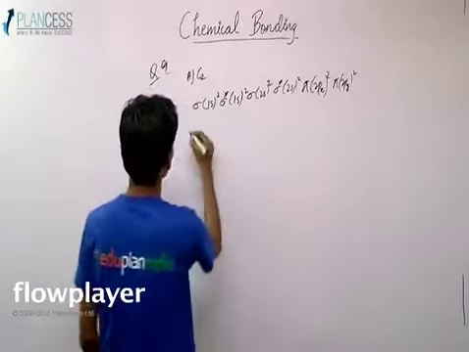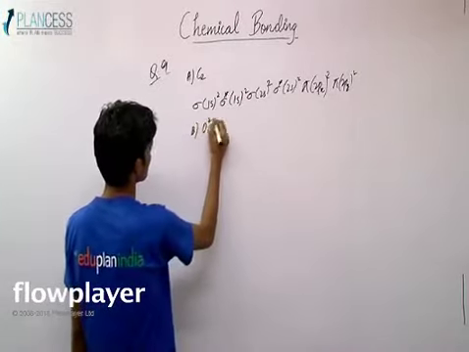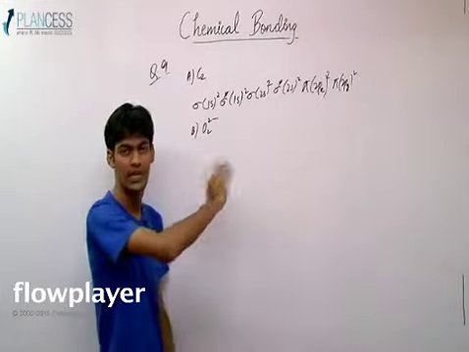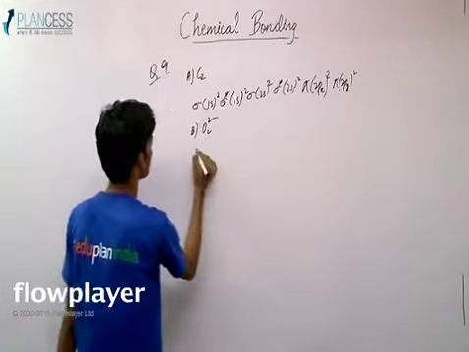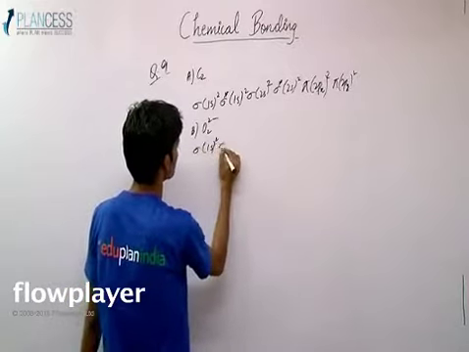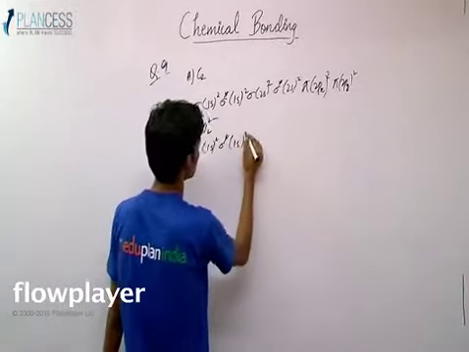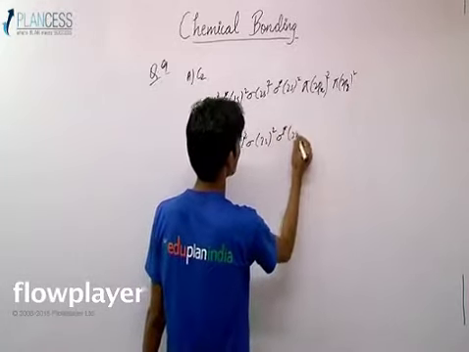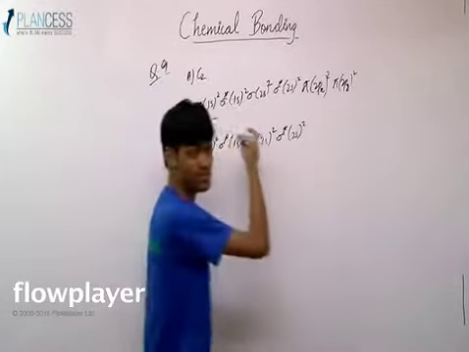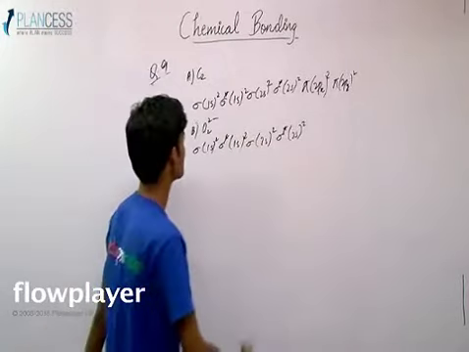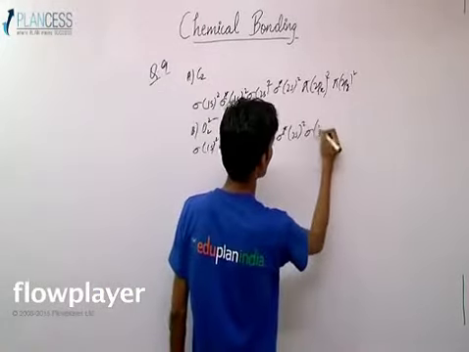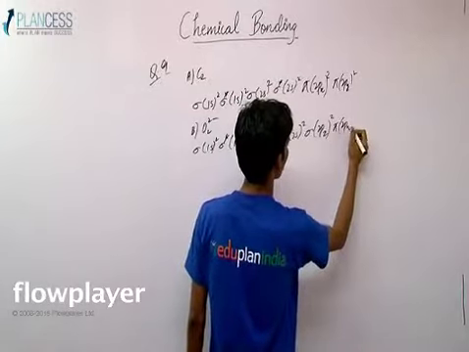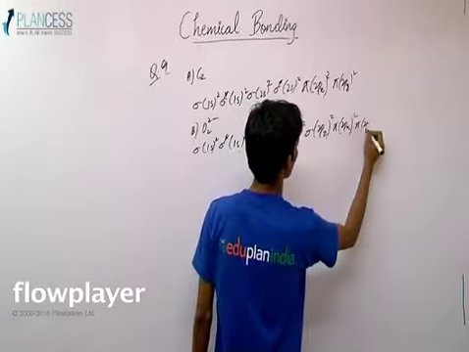The next is O2 2 minus. O2 has 16 electrons and 2 minus will make it 18. So there are 18 electrons we have to fill. It would be sigma 1s2, sigma star 1s2, sigma 2s2, sigma star 2s2, and as the number of electrons is greater than 14, it would be sigma 2pz2, then pi 2px2, pi 2py2.